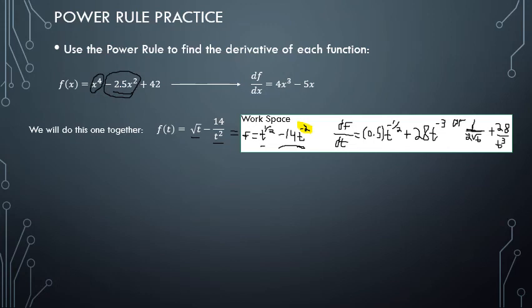So this and this are the exact same thing. They're just written in two different and perfectly acceptable mathematical forms. Your teacher at some point may have told you that having fractional exponents and negative exponents are not okay, or that having a square root in the denominator is not okay, or something silly like that.